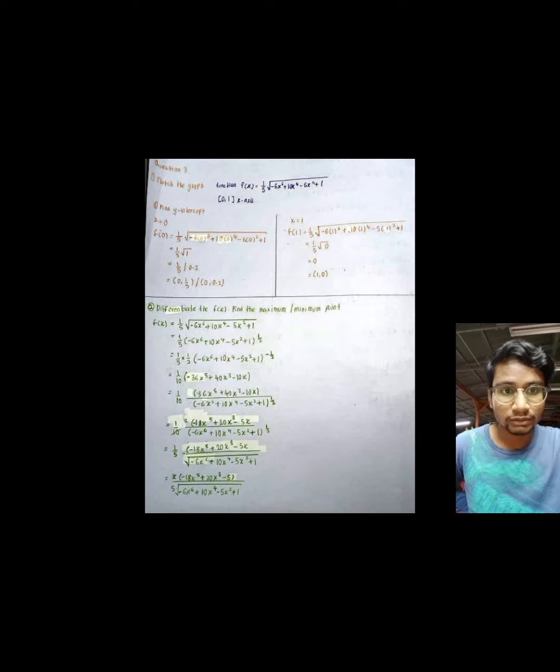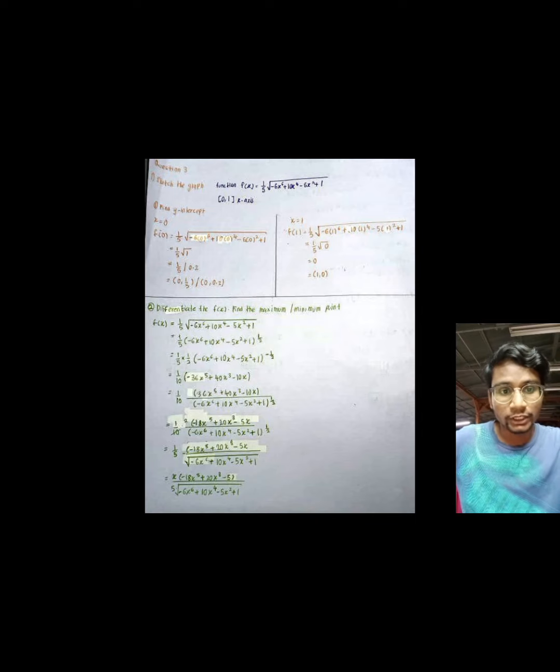First x equals 0. Replacing the x value with 0, we get the point (0, 1/5), or (0, 0.2). Then replacing x equals 1, we get the point (1, 0).